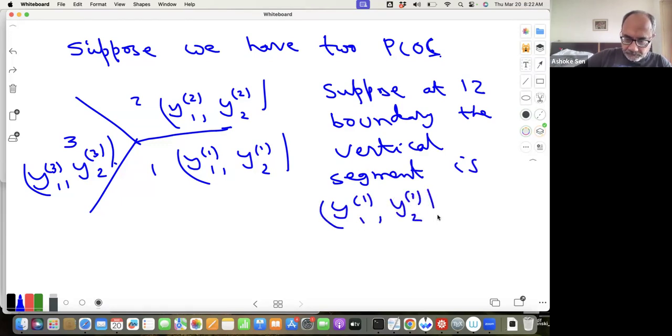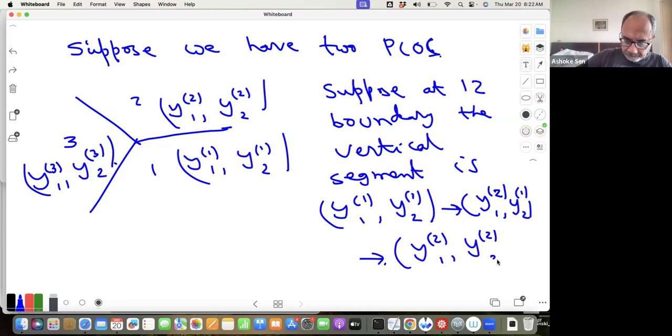These are the two PCOs. You first move it to y2,1, y1,2, and then you move it to y2,1, y2,2. Along each of these, you can apply the formula that I wrote out earlier, because only one PCO is moving at one go. So between this and this we'll have a difference between the first xi, and between this and this you have a difference between the second xi. Is this clear?